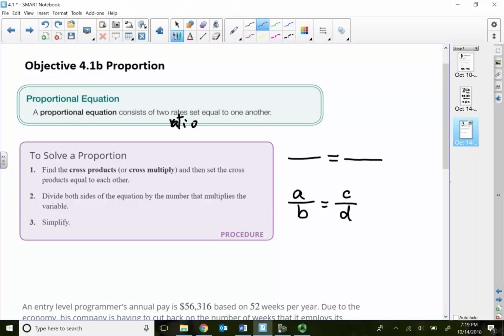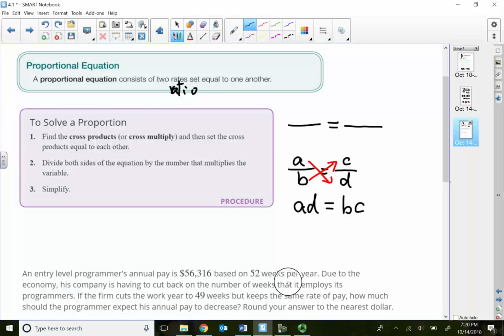Whenever you see that, you can multiply them diagonally. A times D is AD, and we set it equal to B times C, which is BC.